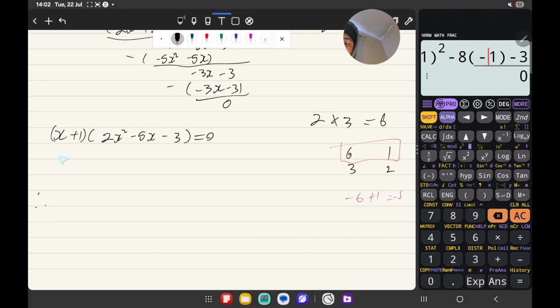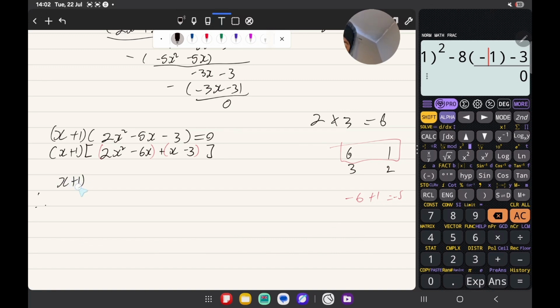So we have x plus 1, big bracket, then you have 2x squared minus 6x, right? Then you have a plus x minus 3, right? Yeah, and then you group this and you group these, right?